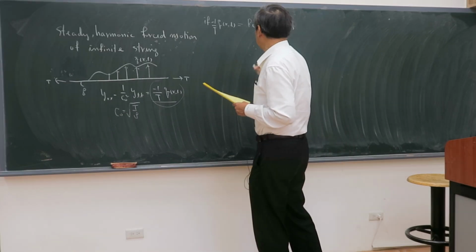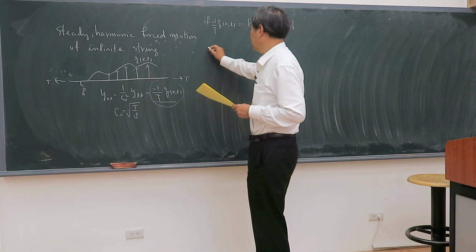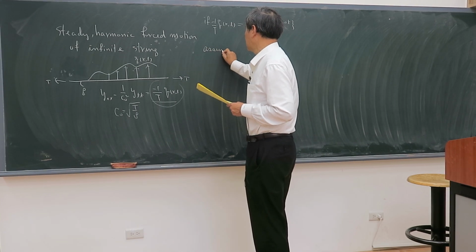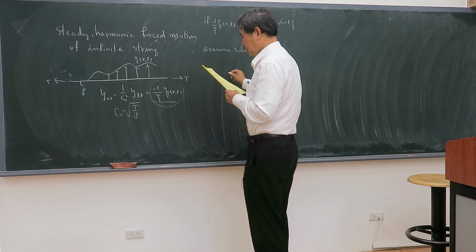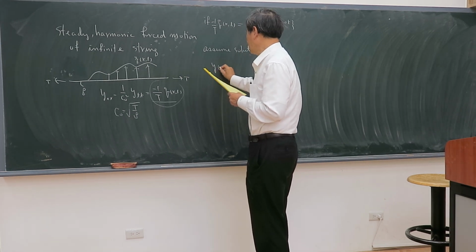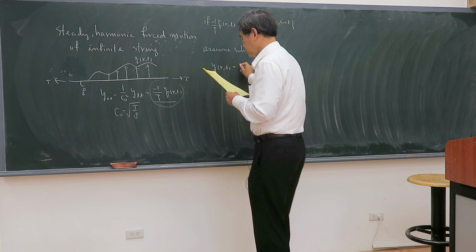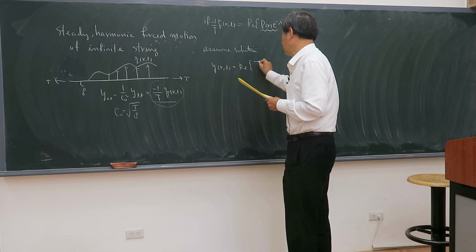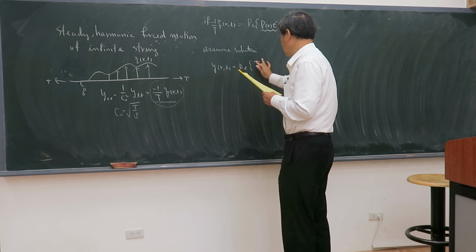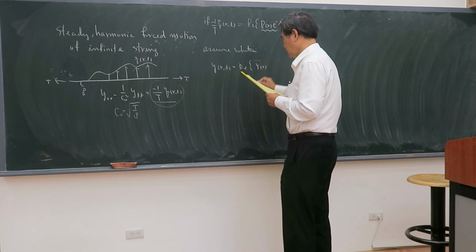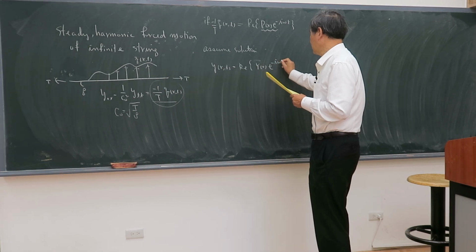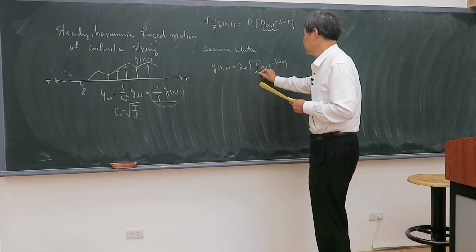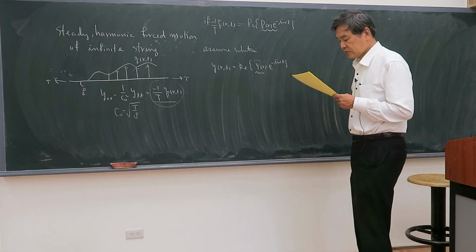Then, due to the loading function being harmonic, we can assume our solution as y(x,t) equal to the real part of y(x) times the exponential minus i omega t. So this y(x) is to be determined.